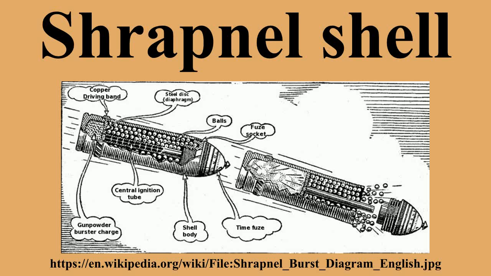Variations. One item of note is the universal shell, a type of field gun shell developed by Krupp of Germany in the early 1900s. This shell could function as either a shrapnel shell or a high-explosive projectile. The shell had a modified fuse, and instead of resin as the packing between the shrapnel balls, TNT was used.